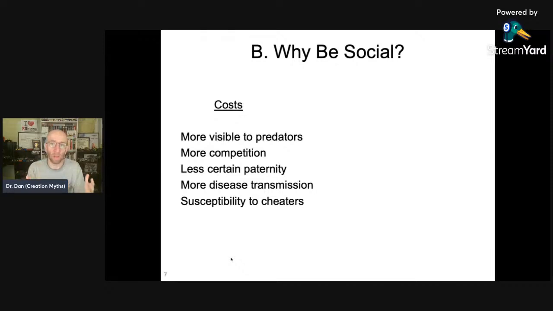And that tends to scale, and think about just intuitively, this makes sense, with things like population size and population density, right? Just all else being equal, if there's more of you or you're more dense, that leads to more competition. You also, and this is for males specifically, have to deal with uncertain paternity in larger populations. Females have certain maternity, right? The female laid the egg, she knows that egg is hers.